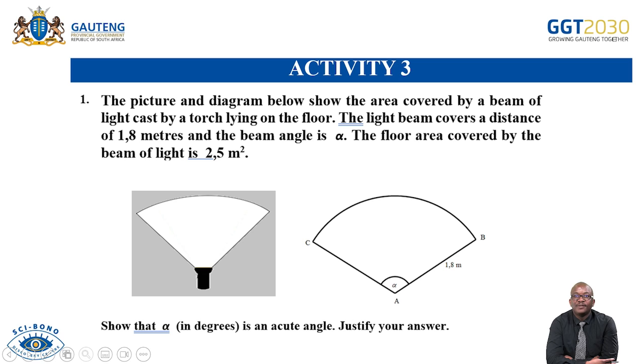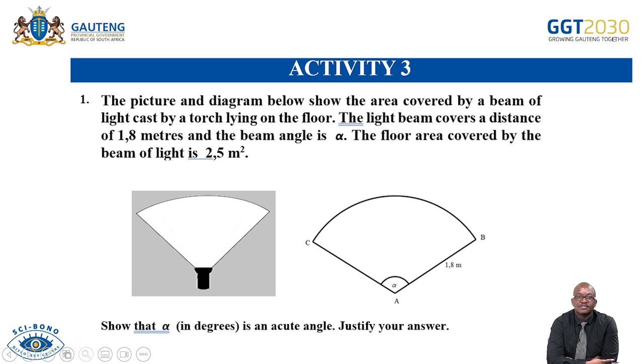Then the light beam covers the distance of 1.8 meters, and the beam angle is alpha, correct? The floor area covered by the beam of light is 2.5 meters squared.